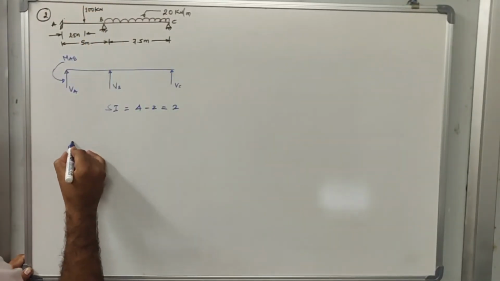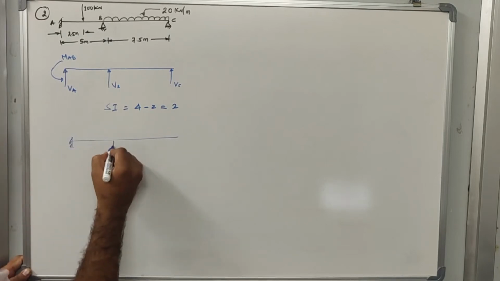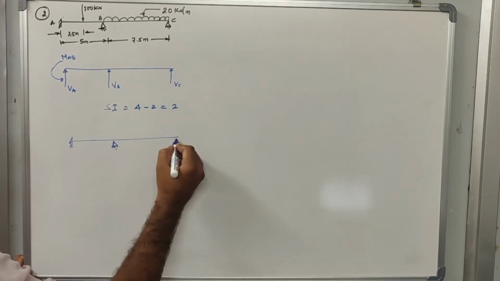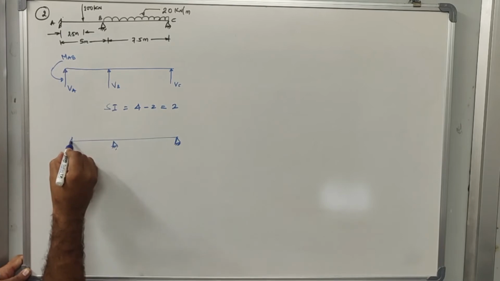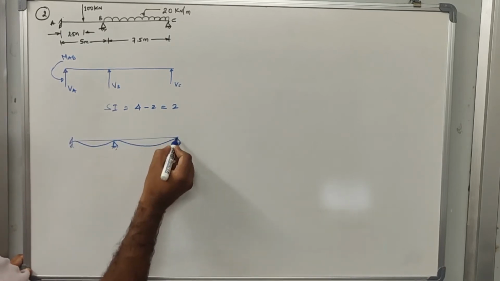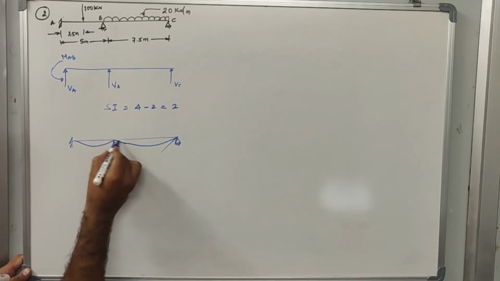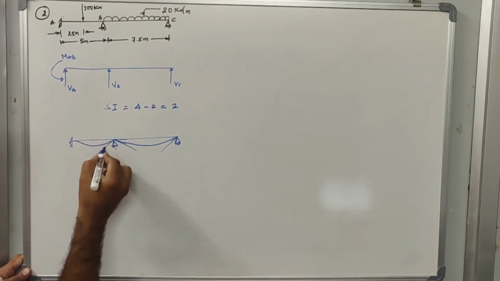Next, we need to determine the kinematic indeterminacy of the structure. To understand it, I will draw the elastic curve. All of you know the elastic curve. So here it will be like this. The slope exists at these two ends.